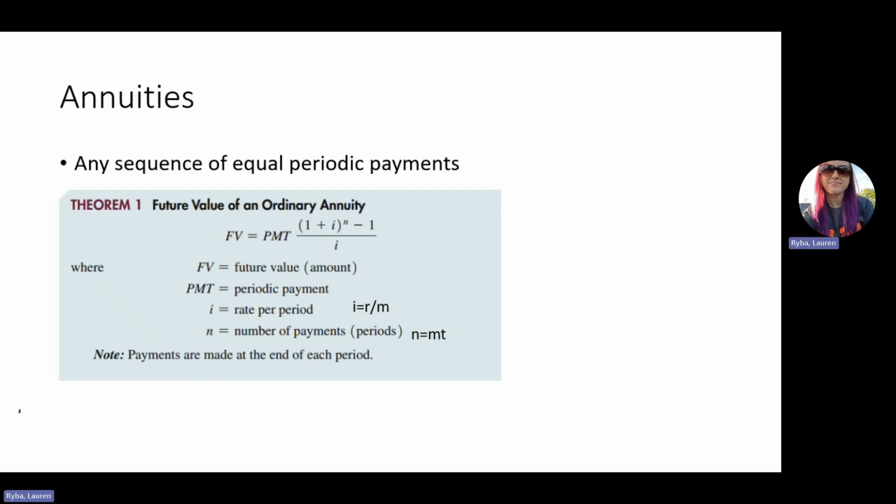And I do have on Blackboard an entire chapter 3 formula sheet. It is under week 12, and it goes through all of the formulas that we have, what each variable represents.